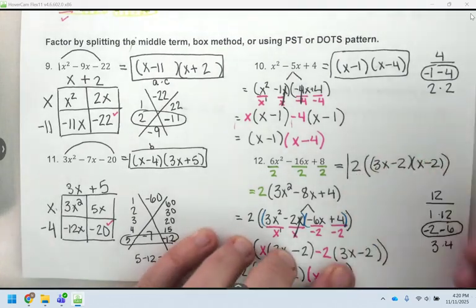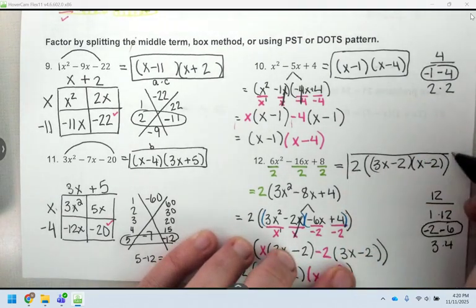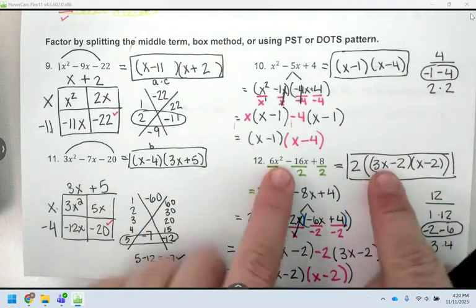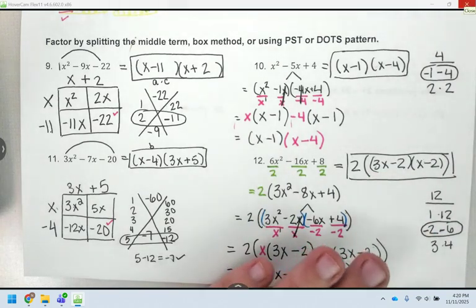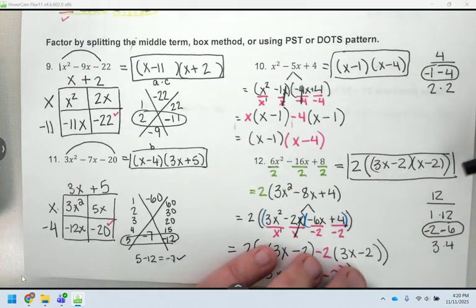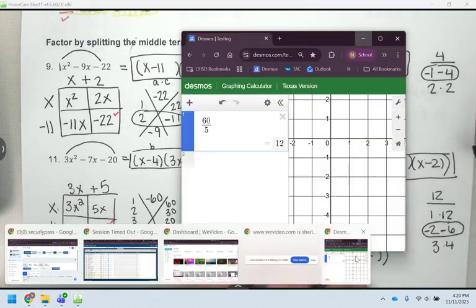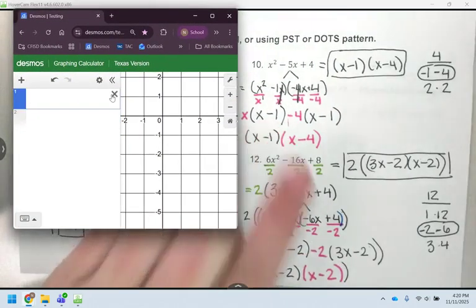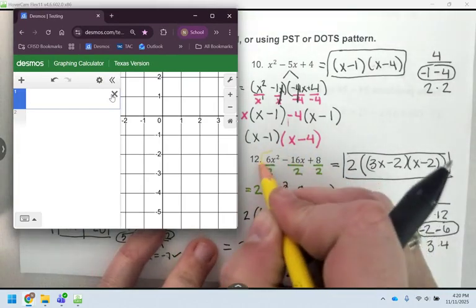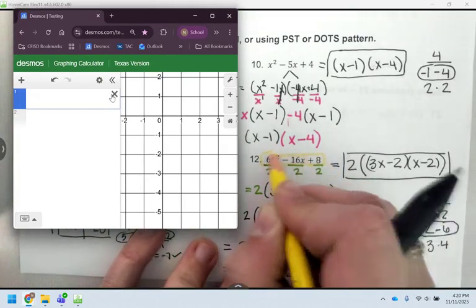And you can check your answer because these are just equivalent forms of one another. Let's check number 12 since that was the most complicated one. Using Desmos, let's type in the original. So 6x squared minus 16x plus 8.